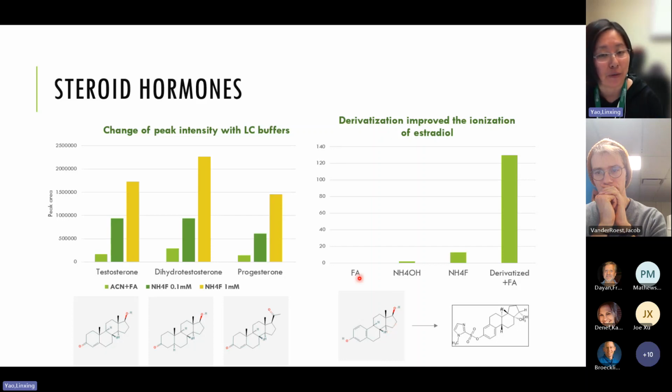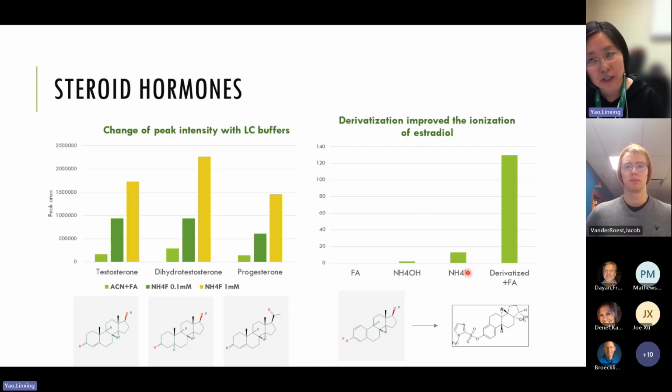If we test it in formic acid buffer, the light green in this figure, we cannot get any ionization. If we switch to an alkaline buffer using ammonium hydroxide as an additive, we get a little bit of ionization. Using ammonium fluoride, which is the best buffer in this testing, we got some promising results, but still the sensitivity is not good enough.